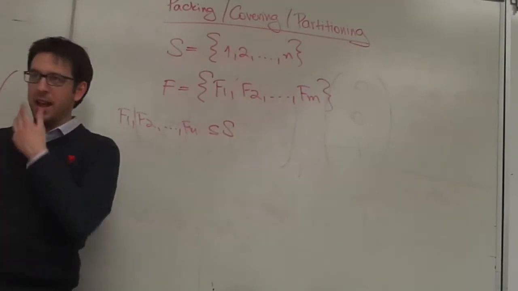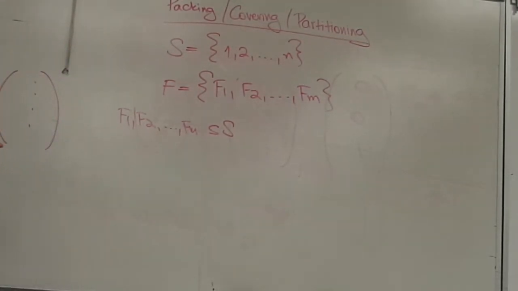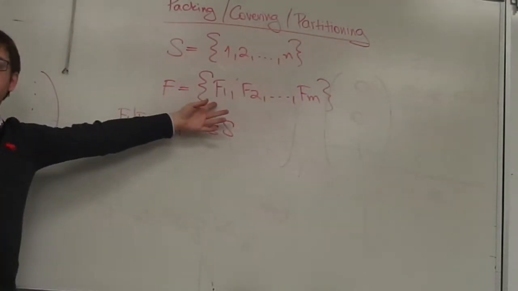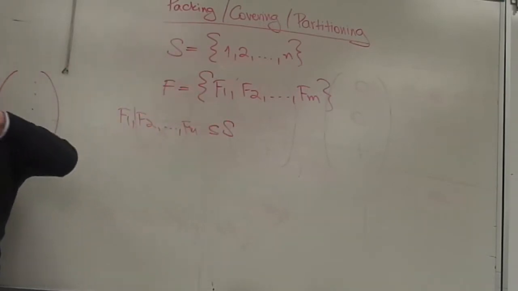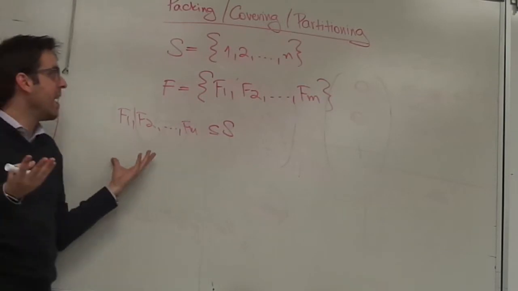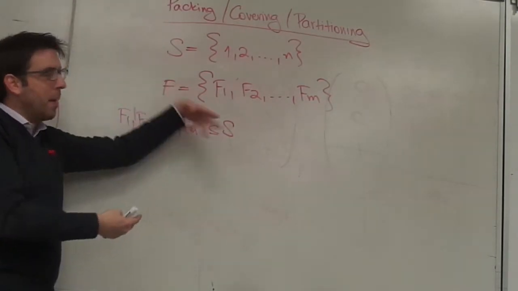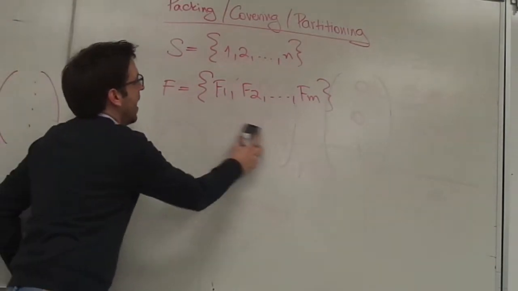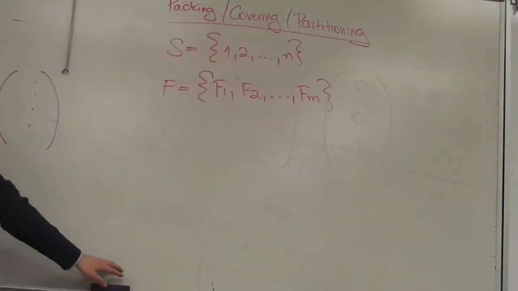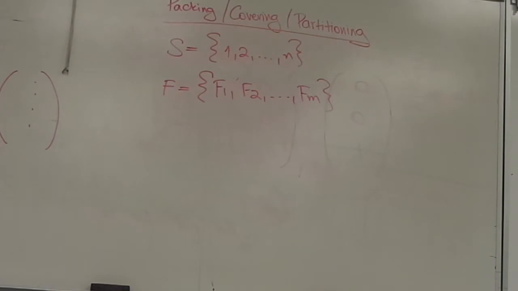In our example earlier, each pattern would be a family, and the set S would be all the demands. At the end of the day, I was looking for a way to combine those two and find a solution that covers everything and uses, let's say, the smallest number of families. Are we all clear with the notation? S is a universe of elements.